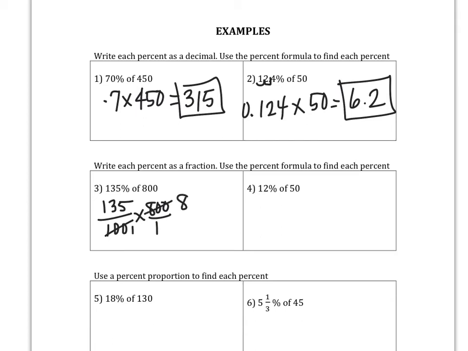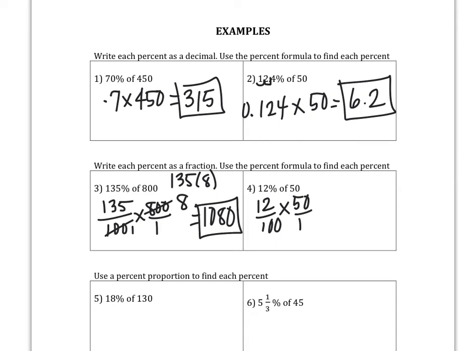So now I'm doing 135 times 8, and that equals 1,080. Number 4, 12 over 100, of means times 50 over 1. Again, cross reduce. Multiply straight across, and you're going to get 12 over 2, which equals 6.